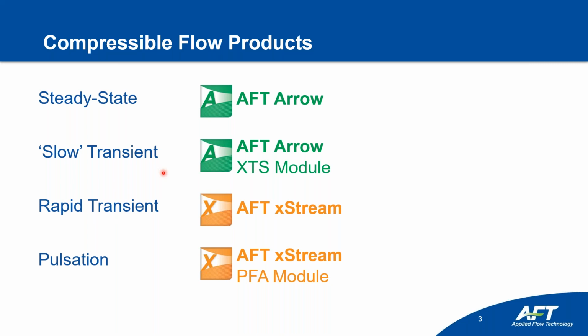So slowly adjusting valves and operating conditions based on control logic, charging and discharging of tanks, all going in a slow manner. Anything where the transient's slow enough that there's not really flow discontinuities or mass flow discontinuities in the system, or there's not these transient waves bouncing around that you need to model, XTS can handle that.